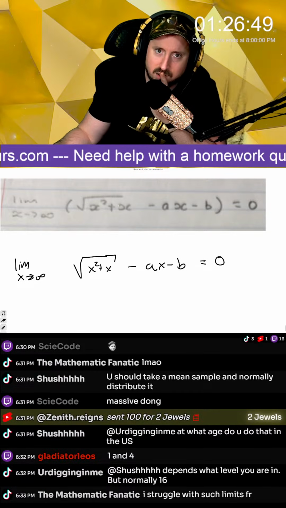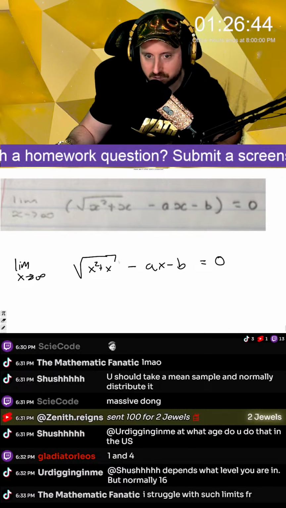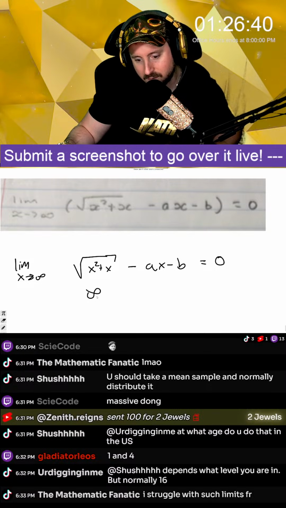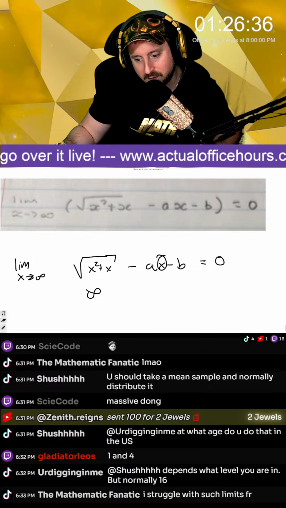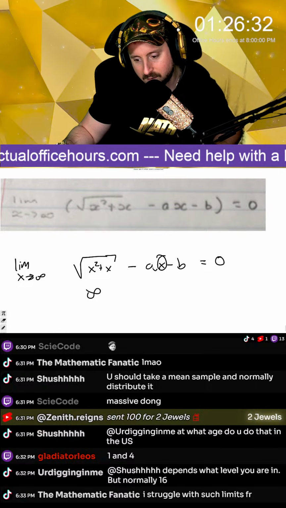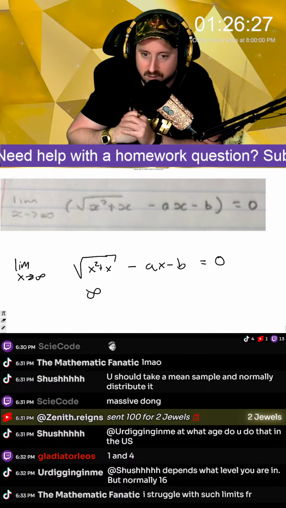Well, yeah, but this is weird, though, because the limit as x approaches infinity of this thing, this is just going to be infinity, right? I see. This will also be infinity. And then, but then this will be just a constant. Okay.